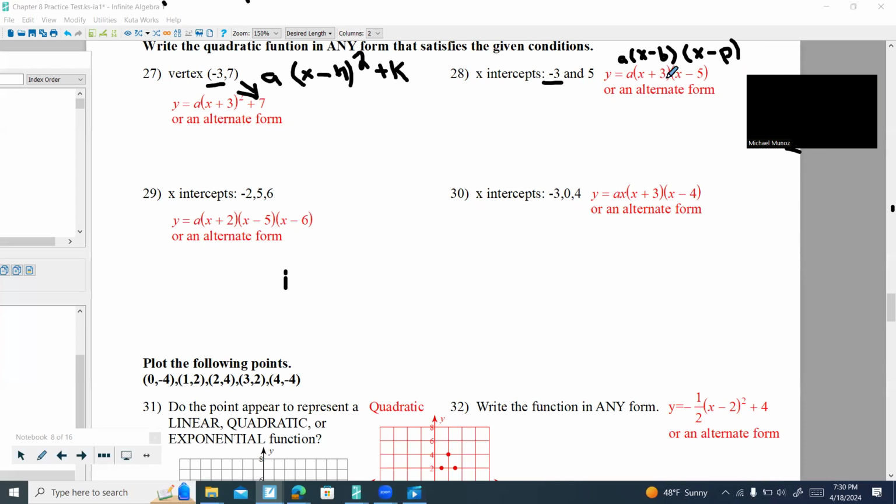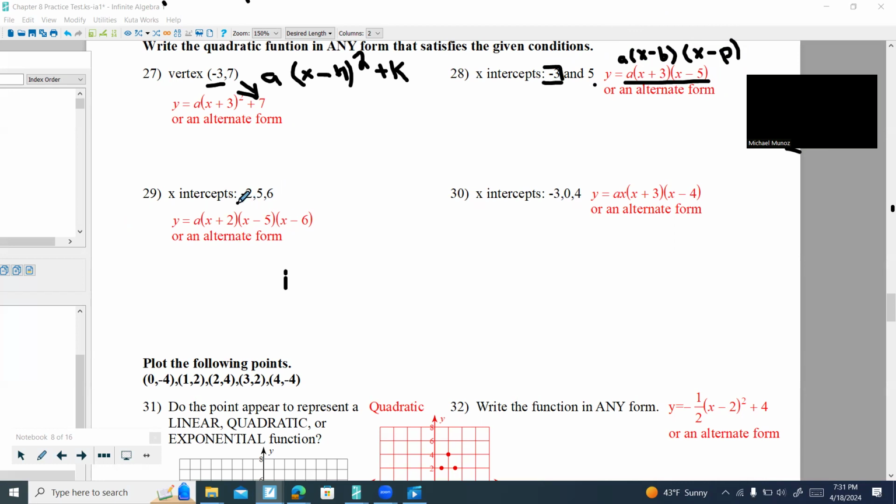In this case, the two letters b and p represent our intercepts, and our numbers are -3 and 5. Since these are both minuses, the signs are going to change. So if I plug in a negative here, that's where they got a +3, and then we plug our positive 5 in, and it becomes a negative 5. And that's it for our answer.